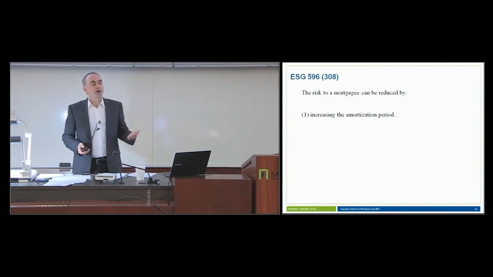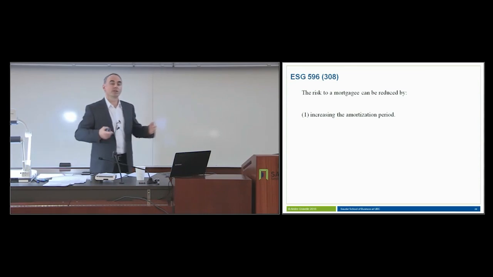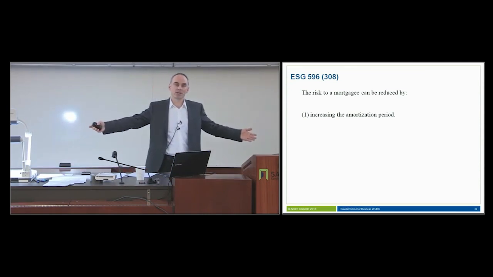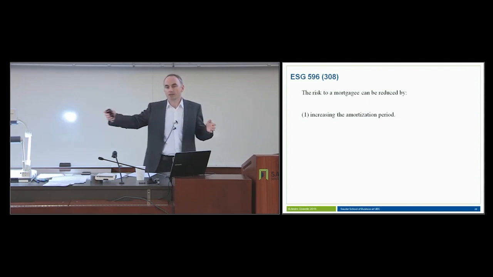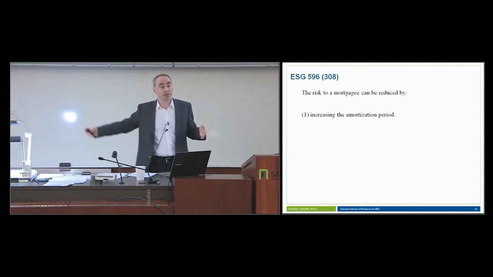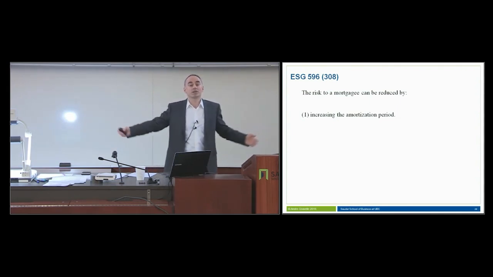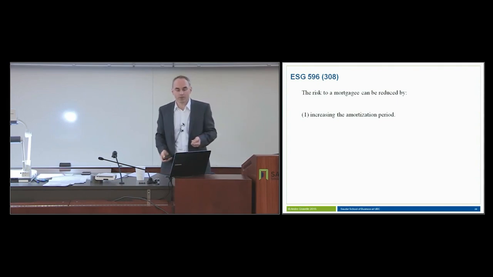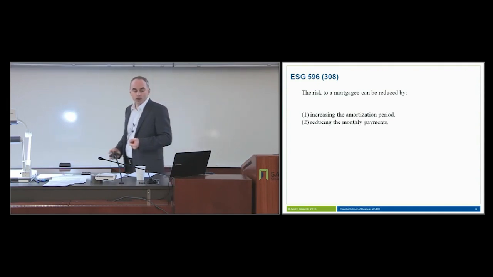The risk to a mortgagee can be reduced by increasing the amortization period. Now, if we increase the amortization period, that means we're lengthening the time period that we're trusting this person to make these payments. Increasing the amortization period, we could borrow more. That wouldn't reduce risk. What about 2?